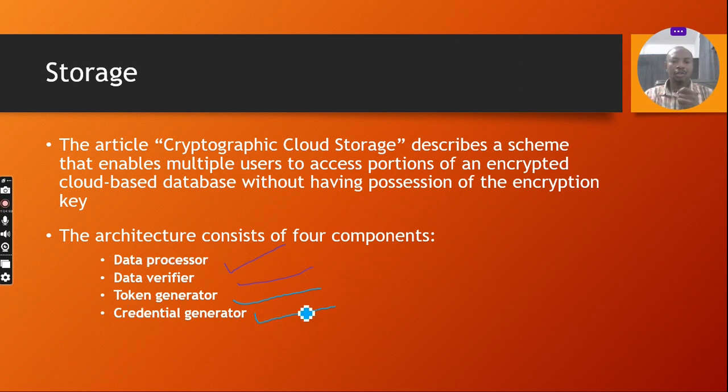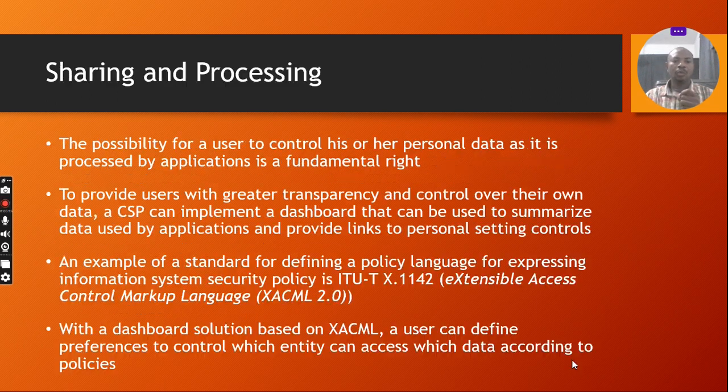So the architecture consists of 4 components: the data processor, data verifier, token generator, and credential generator. These are the 4 components of the architecture of any stored data. If we have access to all these 4 characteristics, they will be able to have access to the stored data.